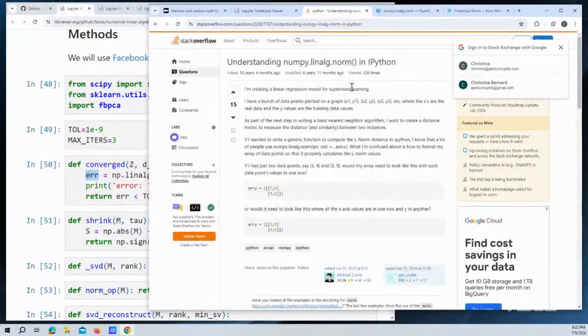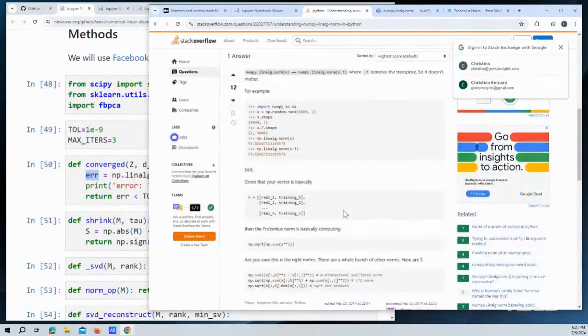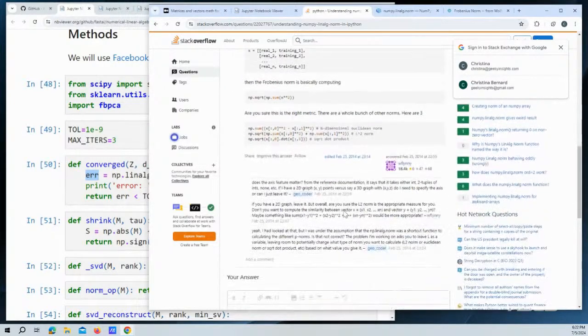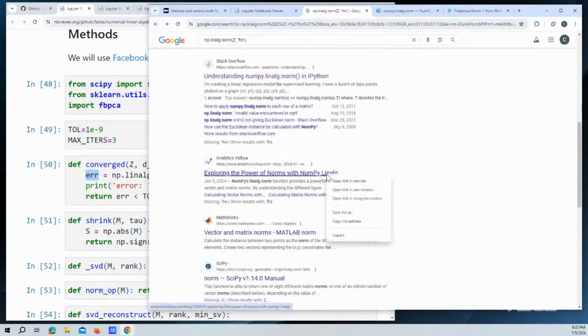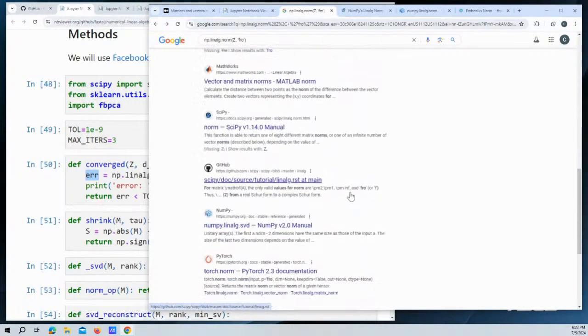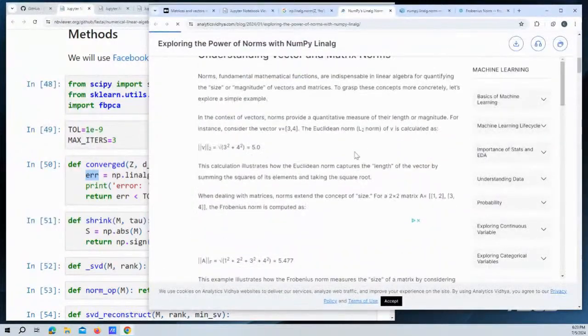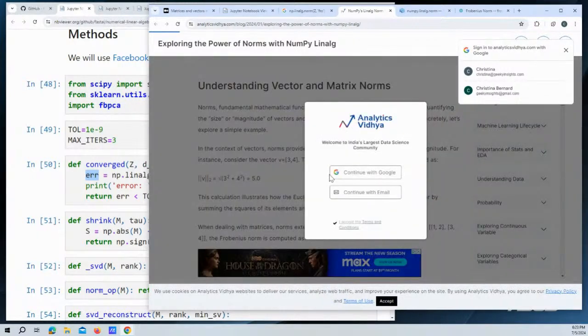Let's go back here. Can we find out? I don't think we can find out, because I don't see any square roots.